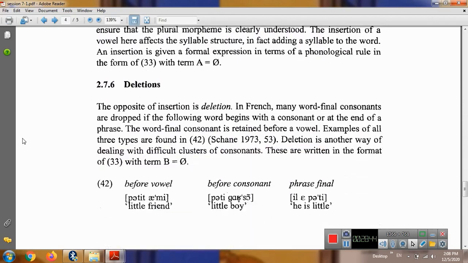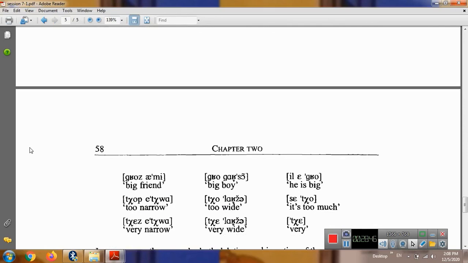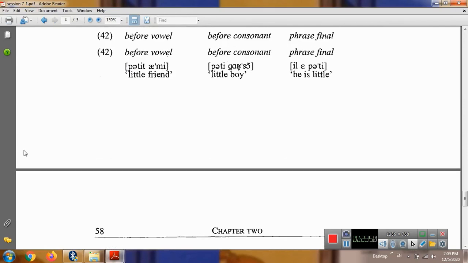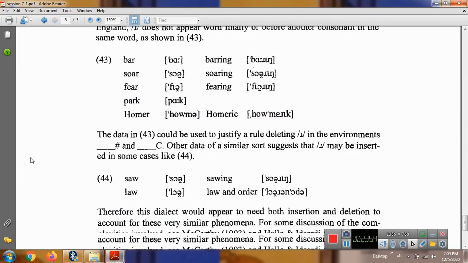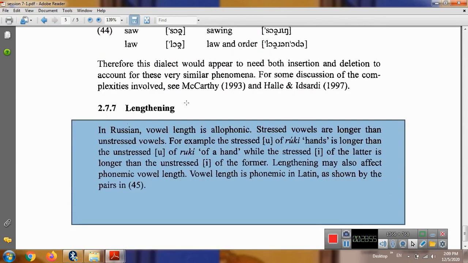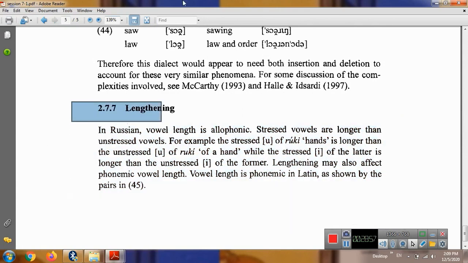Fortition, lenition, deletion, and insertion, where deletion is the opposite of insertion. And lengthening: I will explain lengthening in your next session.